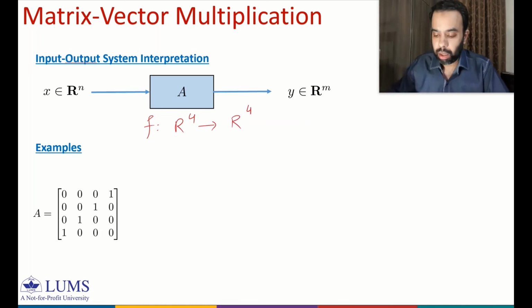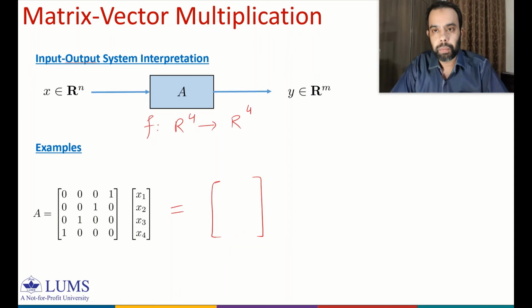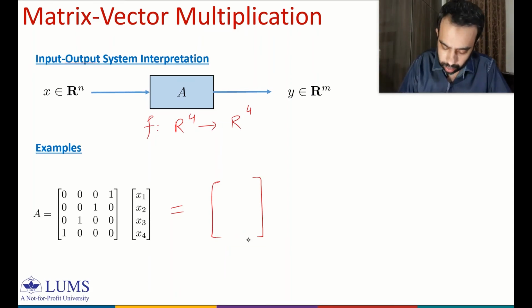So if I take this x, what do you get? So A times x would be x4, x3, third row x2, and x1.